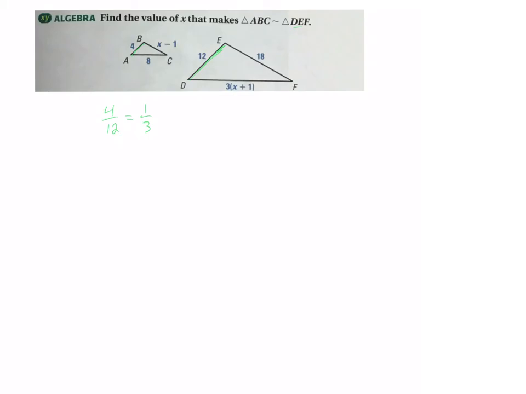So I know if I say this side over this side, x minus 1 over 18, if they're to be similar, it's going to be the same thing as 1/3. Likewise, this side over this side, 8 over 3 times x plus 1, would also have to equal to 1/3 if this was to be similar.